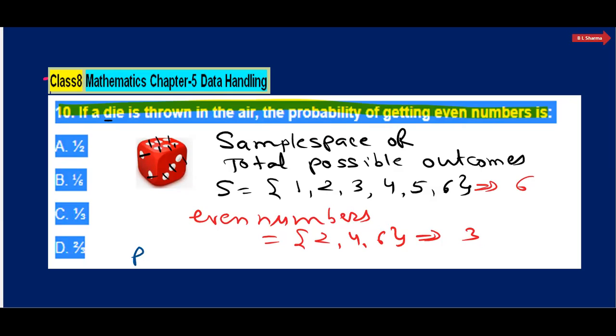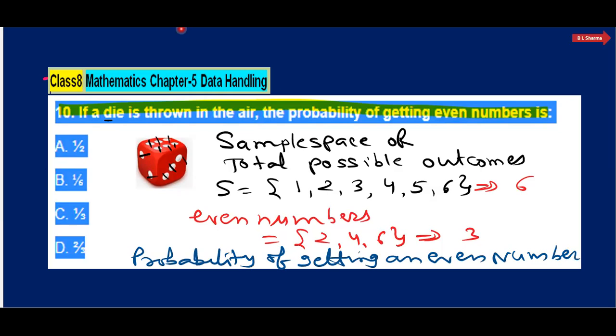Therefore the probability of getting an even number is 3 out of 6, that is 1 by 2. Answer. So A is the correct option here.